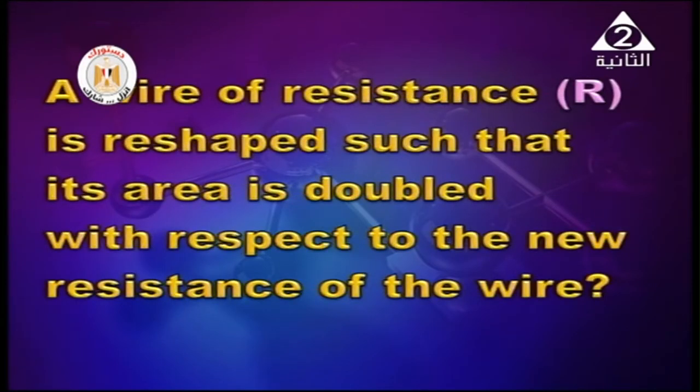Okay, what happens when a wire of resistance R is reshaped such that its area is doubled with respect to the new resistance of the wire? I believe you can do it right now. Area is doubled. Okay, this will affect the length, so length will be halved.